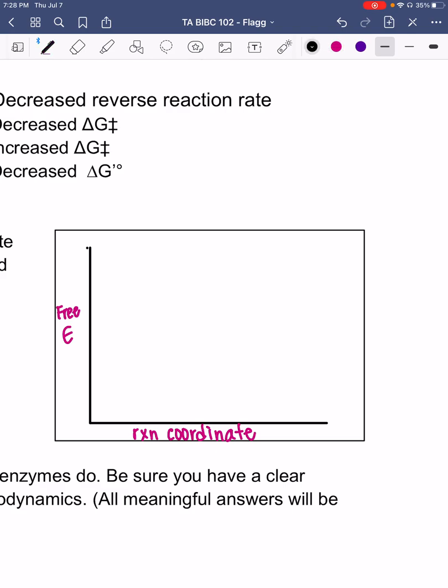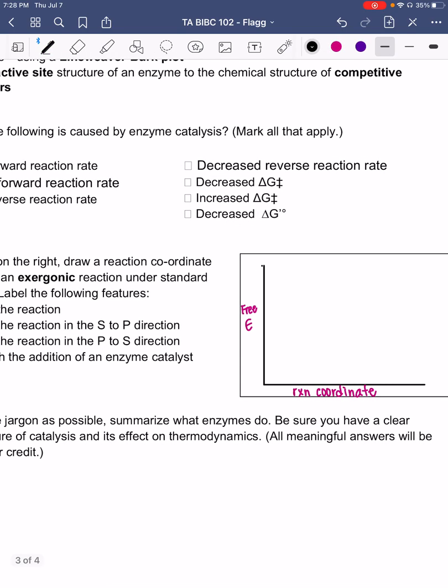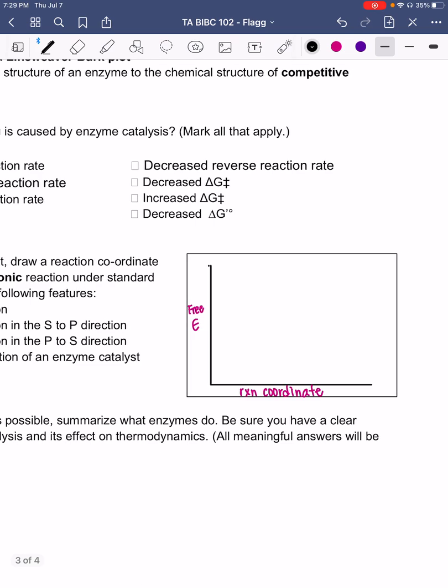In this case, we are asked to draw an exergonic reaction, right? Meaning that our delta G prime naught is going to be negative. To obtain that on a diagram, we draw one where the substrate, which is where we start the reaction from, ends up higher than the product ground state.